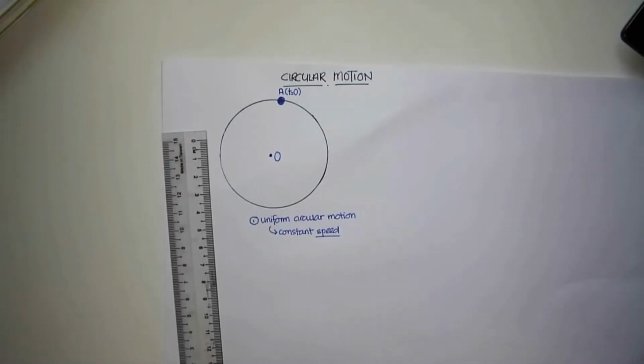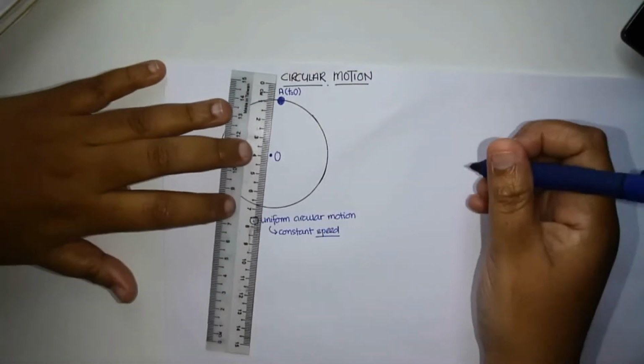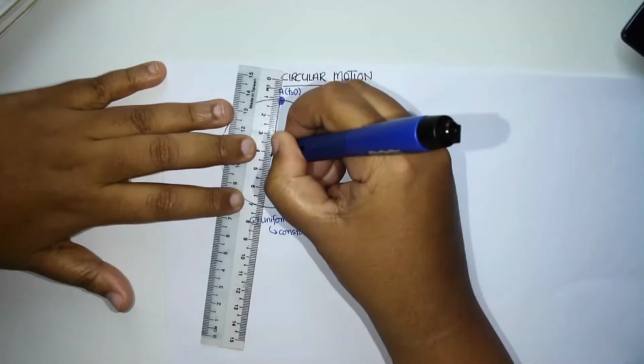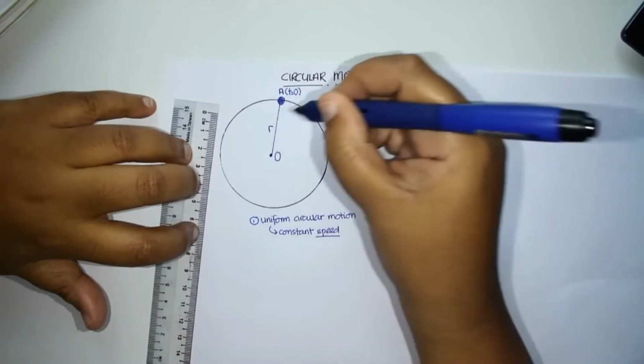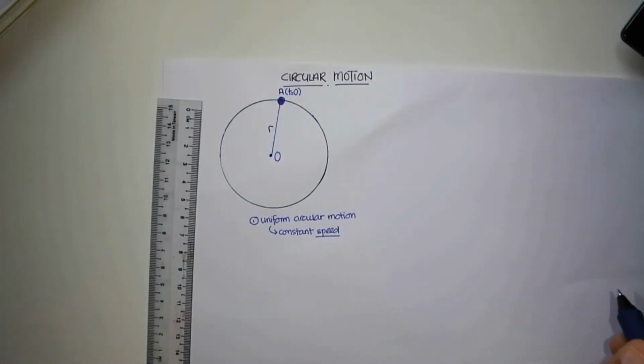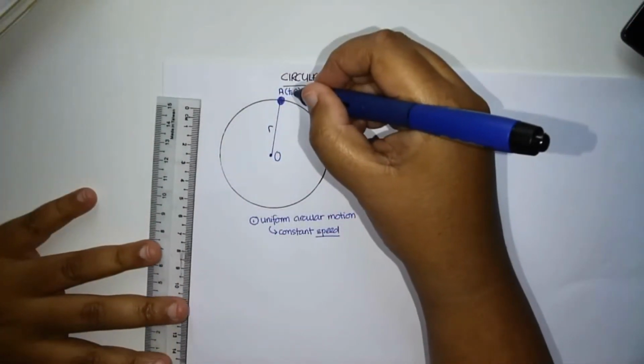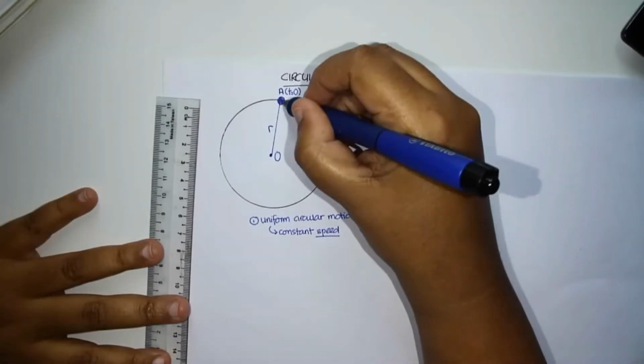Take note of that. Now, what we can say is that the particle is moving at a constant speed in a circle of radius r, so I'm going to just draw this as radius r. Initially, when time t equals 0, the particle is at point A.